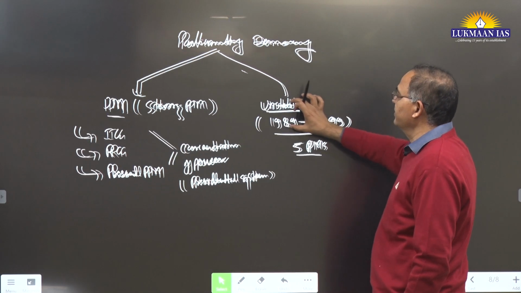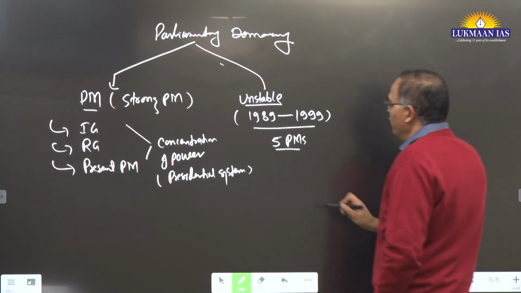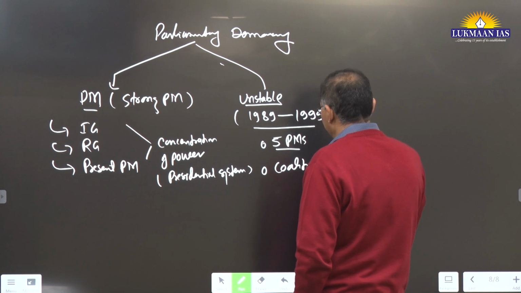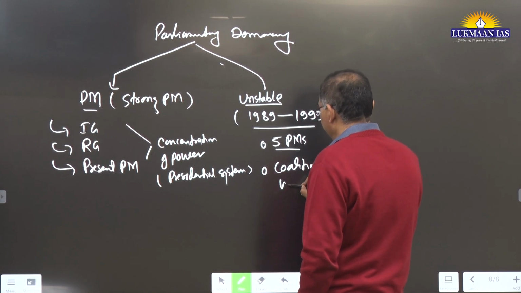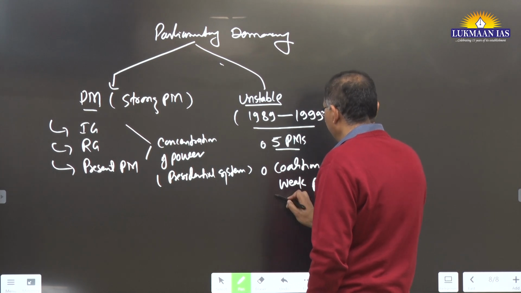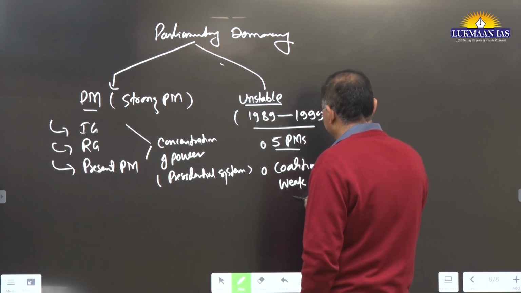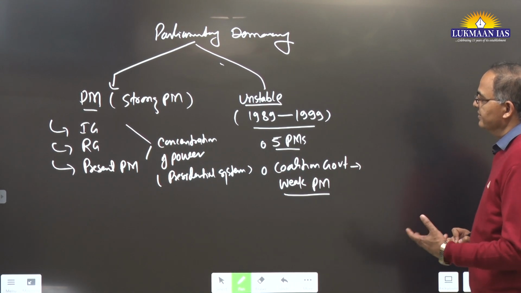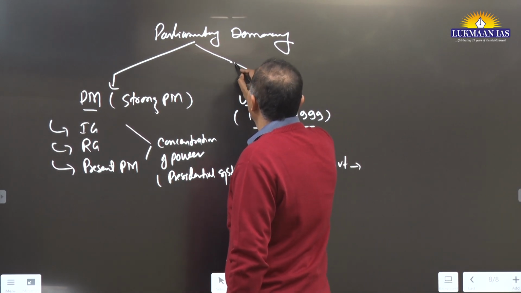And a coalition government, what will it give? It gives a weak PM and it gives rise to political corruption, but that we will deal with separately.